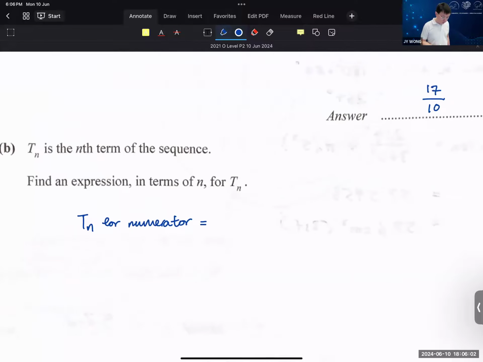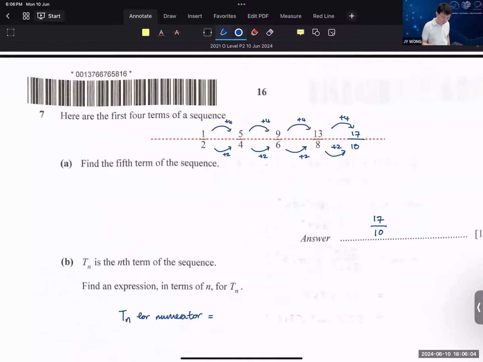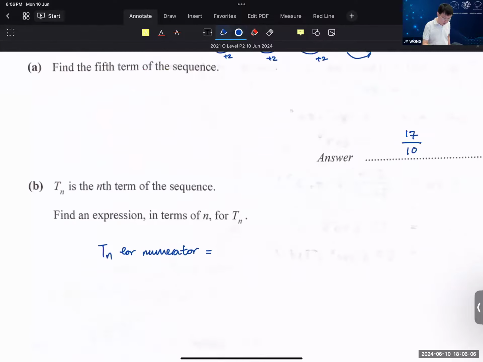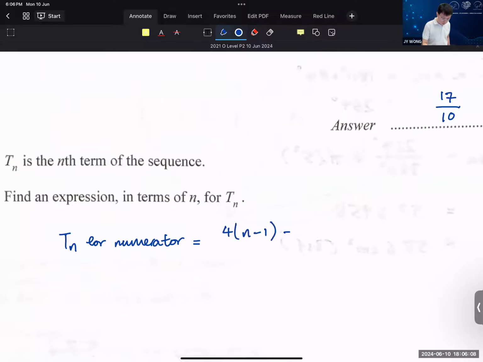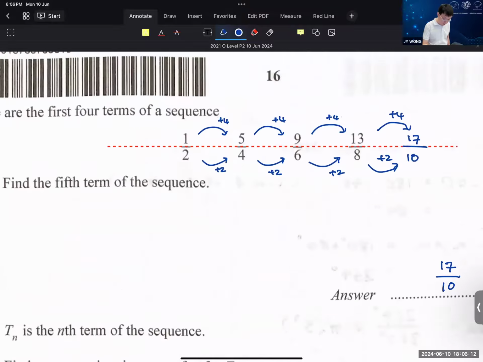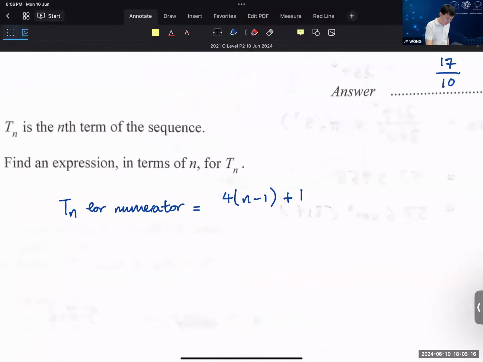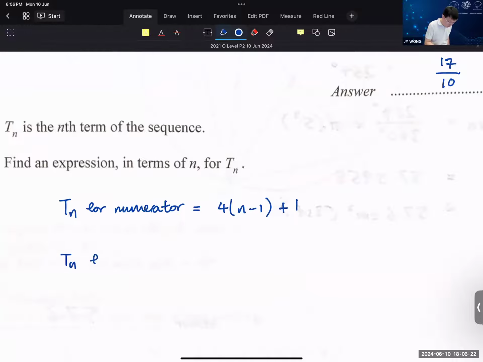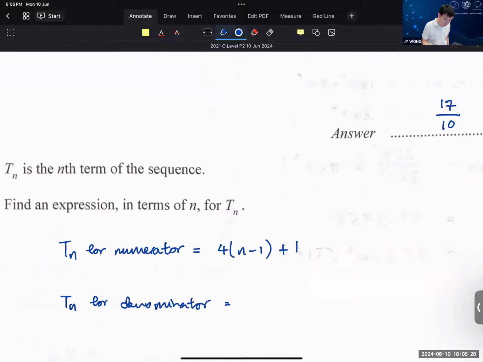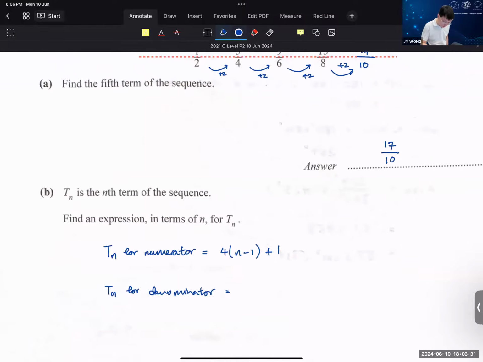Okay, so your Tn for your numerator, in this case, your constant difference is 4. So 4 times n minus 1 plus your first term is 1. Then, okay, sorry, I said I will do them separately. So Tn for numerator is this. Then your Tn for your denominator is equal to, your constant difference now is 2.